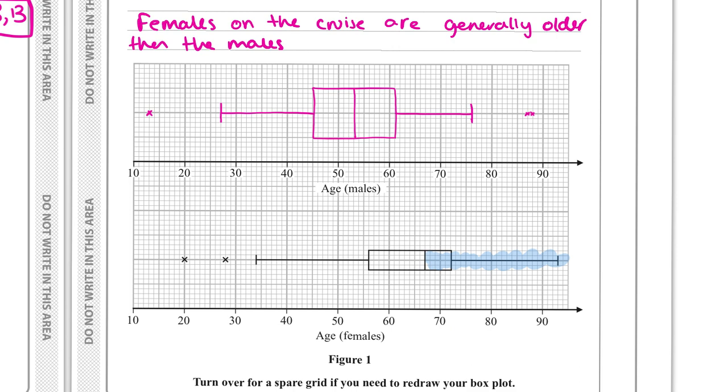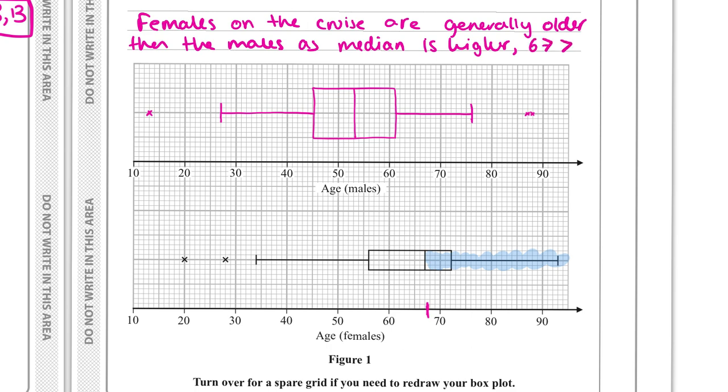And then you could put the median is higher. And then we have to actually write the fact, guys. So the median for the girls is 67, is that right?